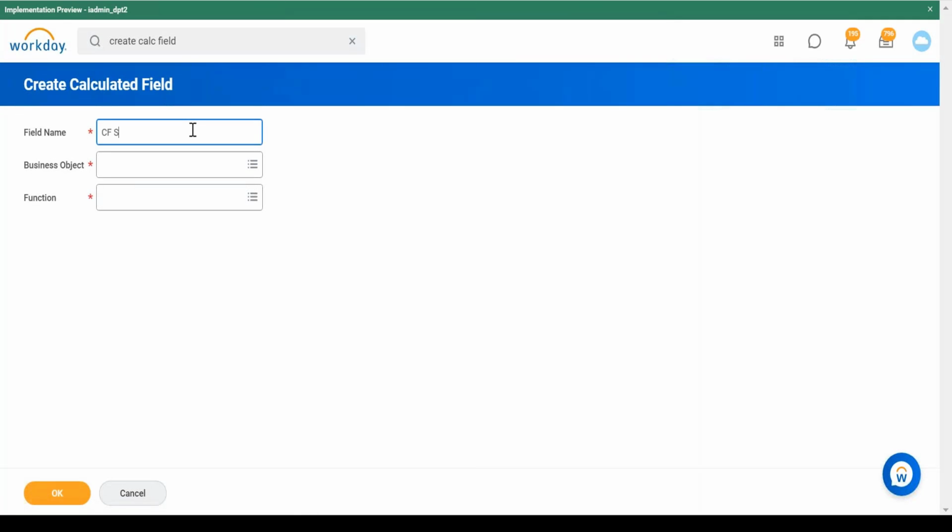So CF SRI, business object here will be worker.